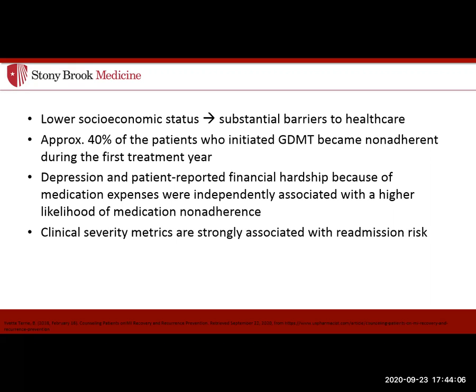These patients can have poor health literacy or lack of transportation, and these barriers can contribute to medication non-adherence as well as not being able to attend follow-up appointments. It was also shown that approximately 40% of patients who initiated guideline-directed therapy post-MI became non-adherent during the first treatment year. This can be due to side effects of the medications as well as costs.